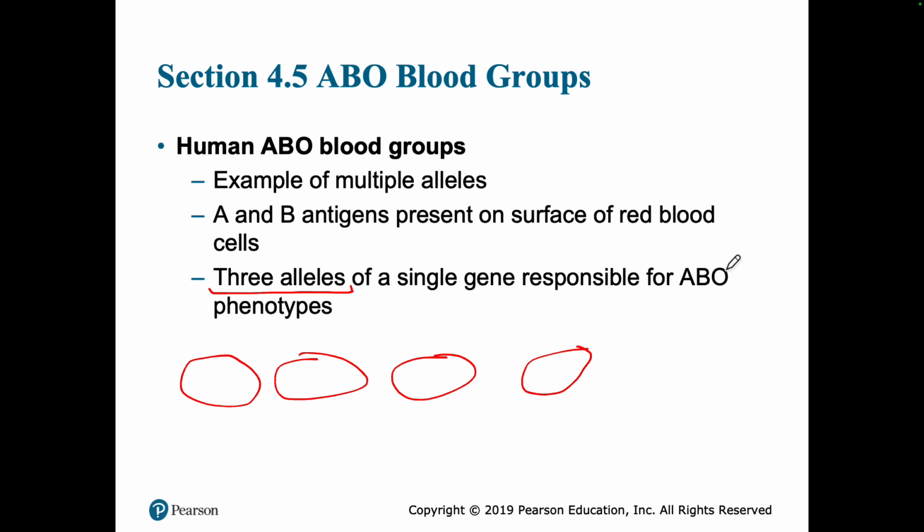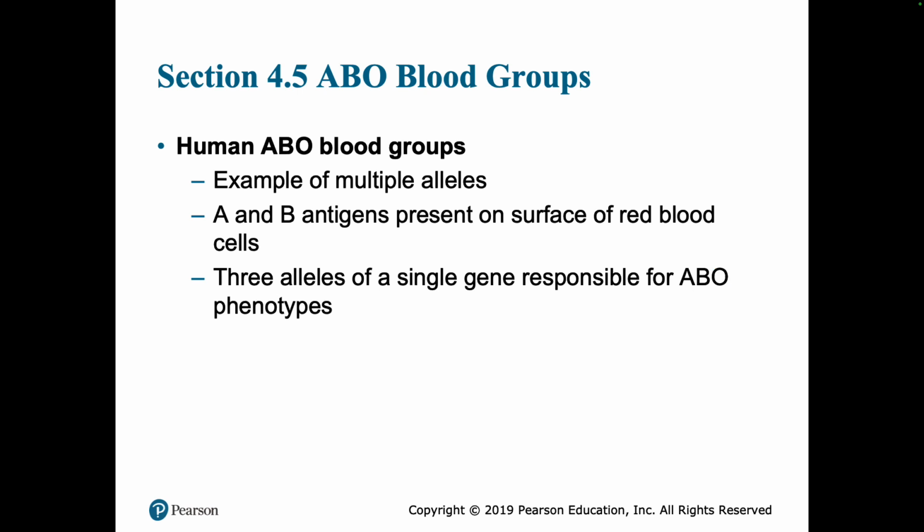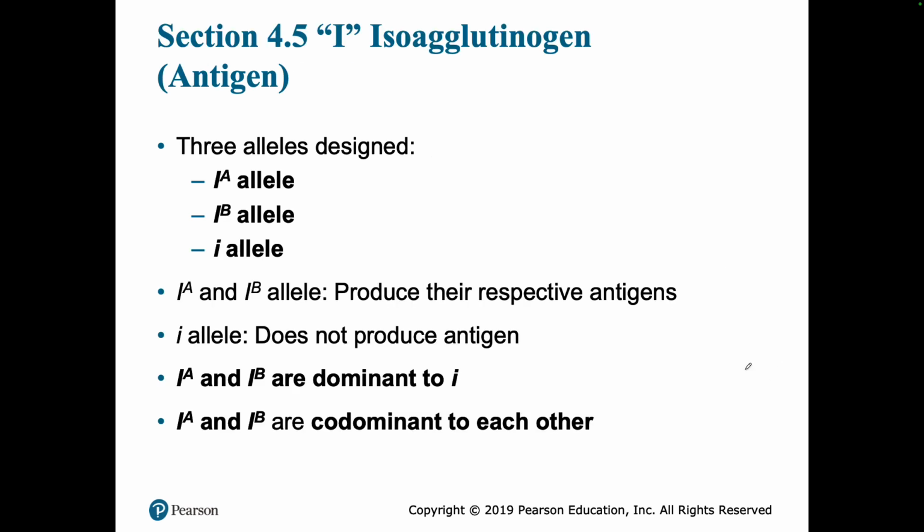One of them is a loss of function, and that's type O. So type O, if this is a type O blood cell, will not express any antigens on the surface. Now the other two, A and B, actually show a different type of inheritance pattern. And so I was gonna draw it here, but I'll work on it on the next slide instead.